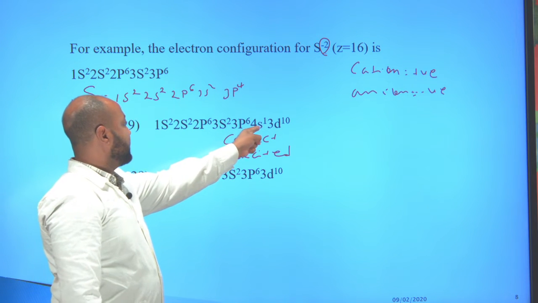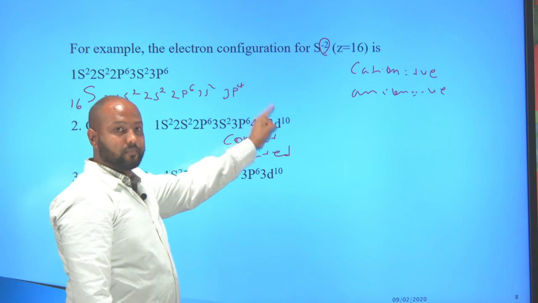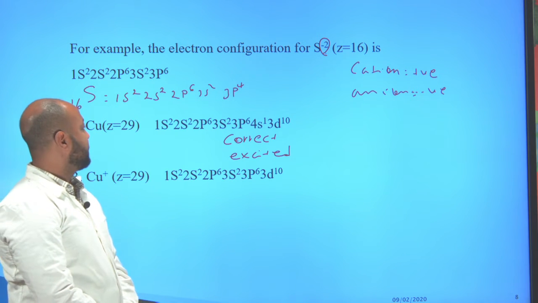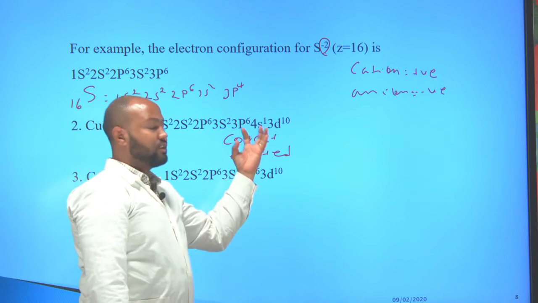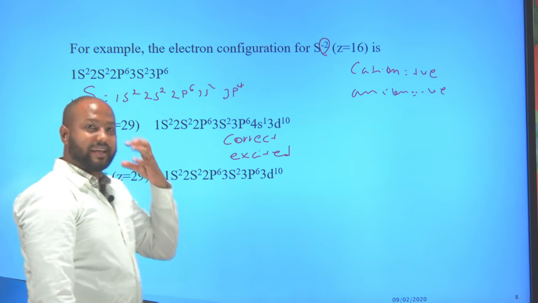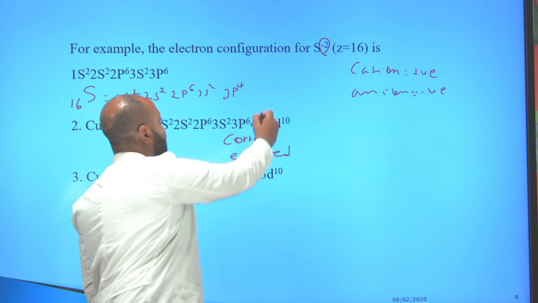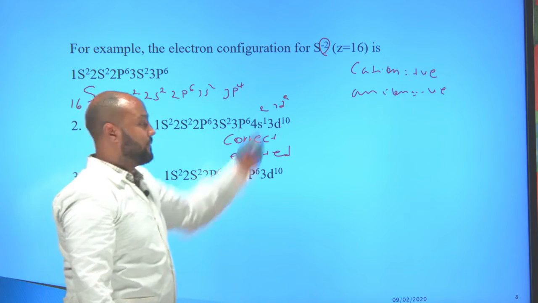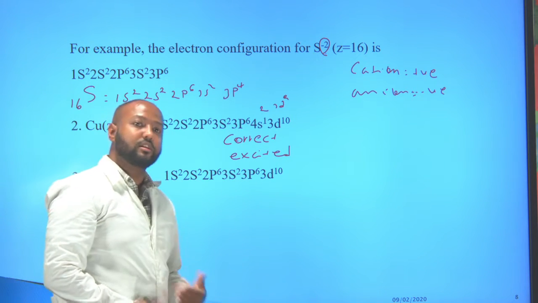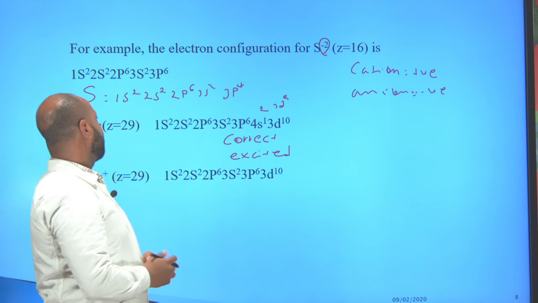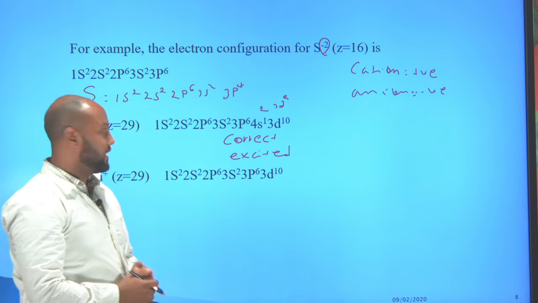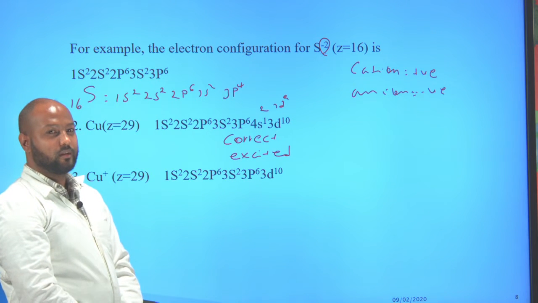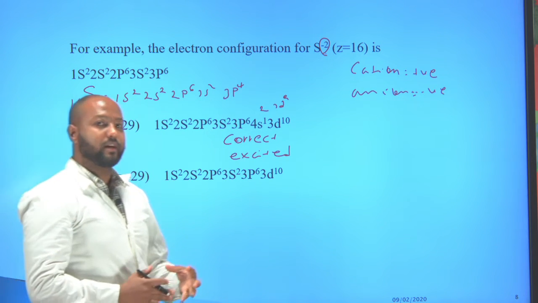Because it's 4s1 and 3d10. It's exceptional. If it were the original or the expected, it would be 4s2, 3d9. This is the expected one. But the correct, the excited electron configuration for copper with atomic number 29 is 4s1, 3d10. You have to remember the exceptional case.